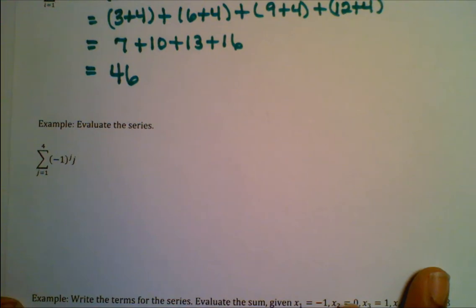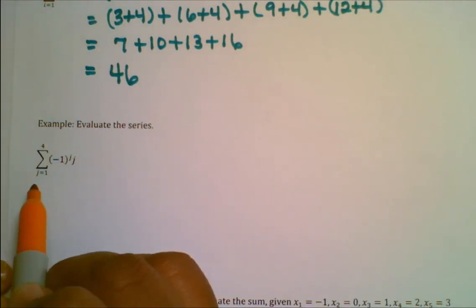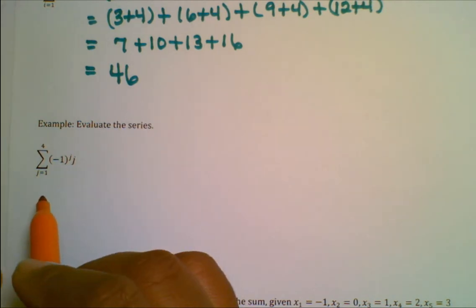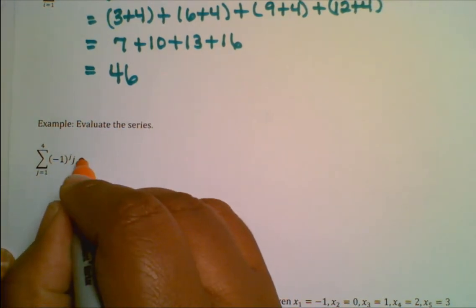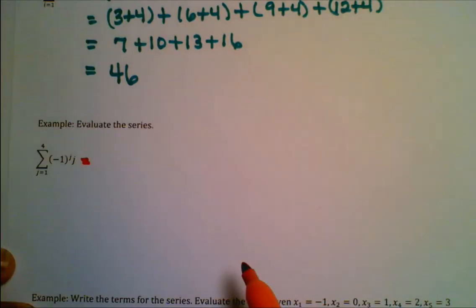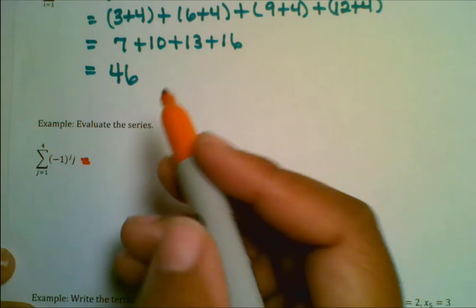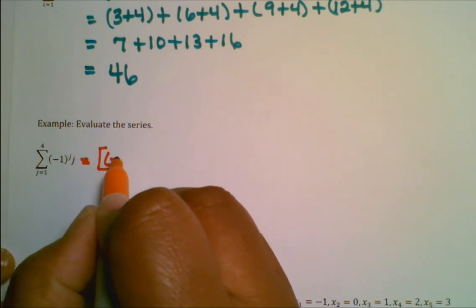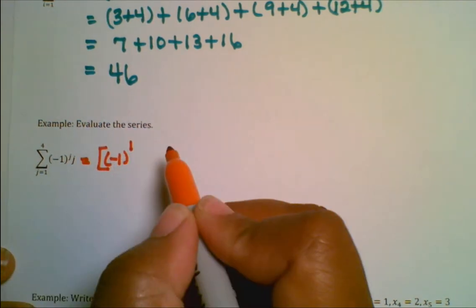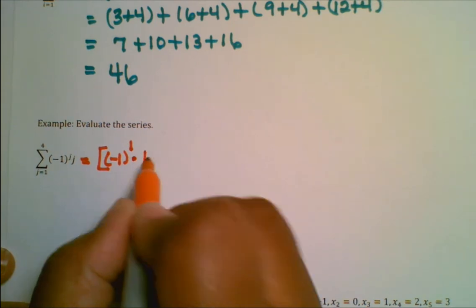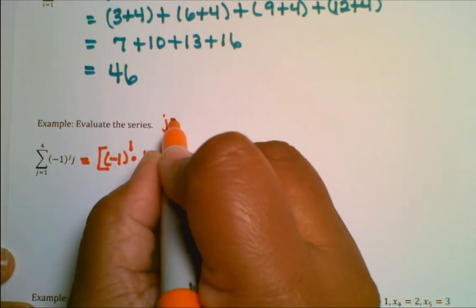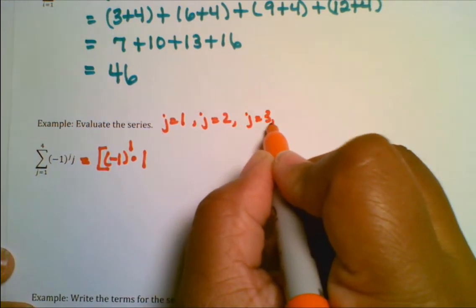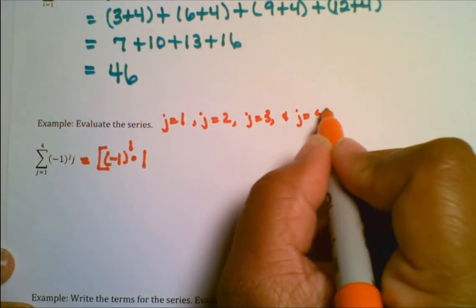Okay, so this time instead of using i as the variable, it is using j. So let's write out each term for this series here. So you're saying the quantity of negative 1 raised to the first power times 1, because we're looking at when j is 1, j is equal to 2, j is equal to 3, and j is equal to 4.